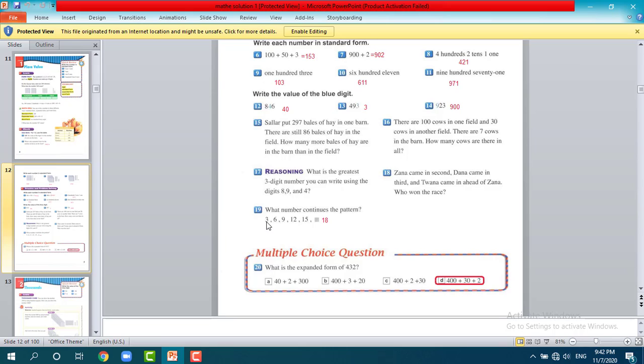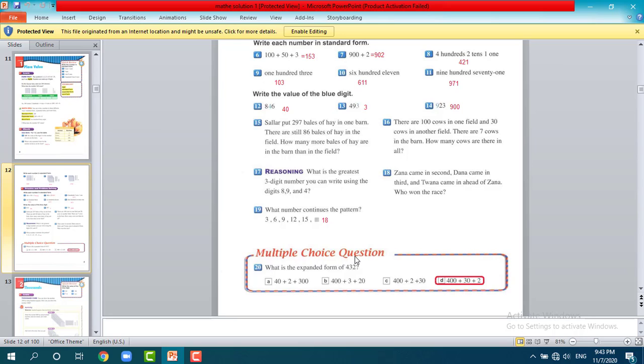We say that 3 plus 3 equals 6, 6 plus 3 equals 9, 9 plus 3 equals 12, 12 plus 3 equals 15, and 15 plus 3 equals 18. Then we write 18 in the dash. Now we wrote it and we completed the pattern.